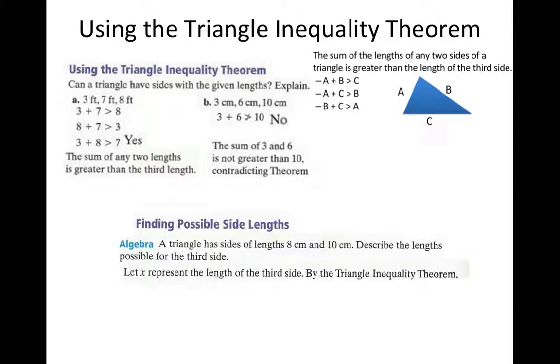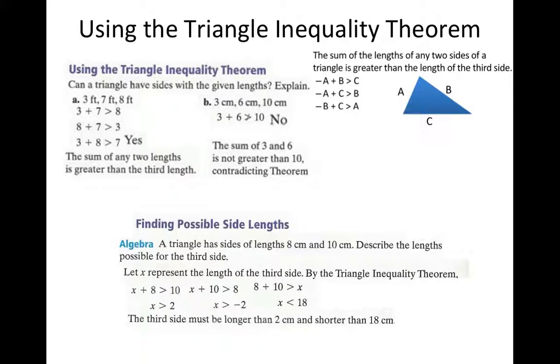Well, once again, I'll let x represent the third side, and then because of the triangle inequality theorem, I know that x plus 8 is greater than 10, that x plus 10 is greater than 8, and that 8 plus 10 is greater than x. And if I simplify those, I have x is greater than 2, x is greater than negative 2, and x is less than 18. So if I combine all those, I finally find out that the third side must be longer than 2, but shorter than 18.